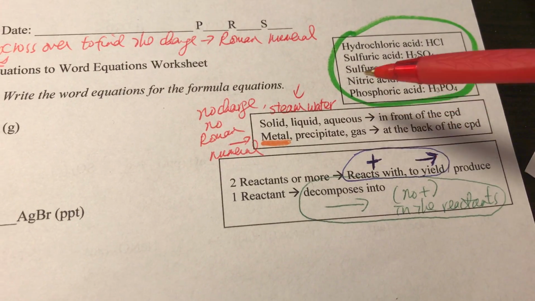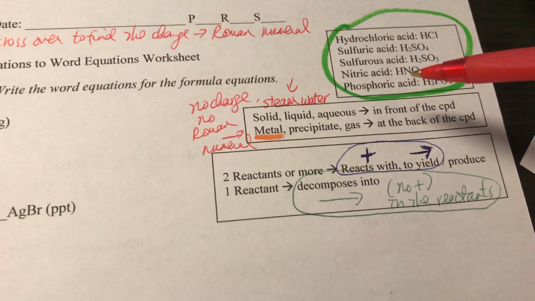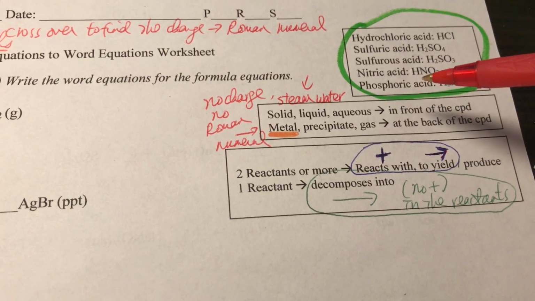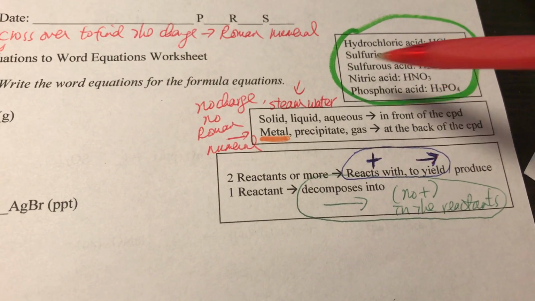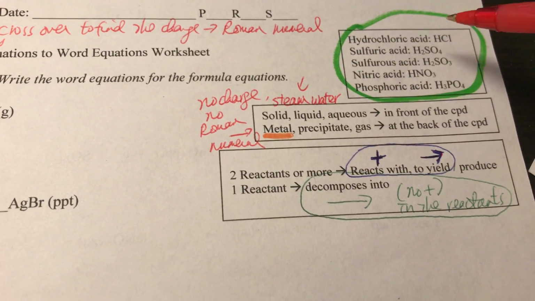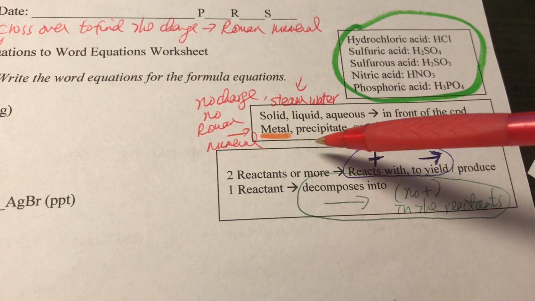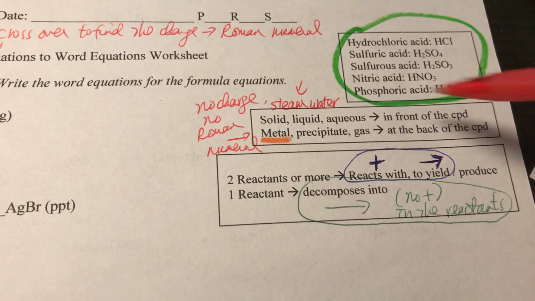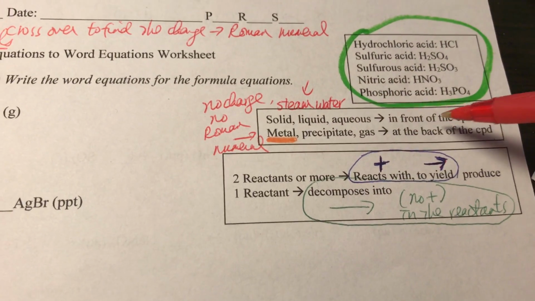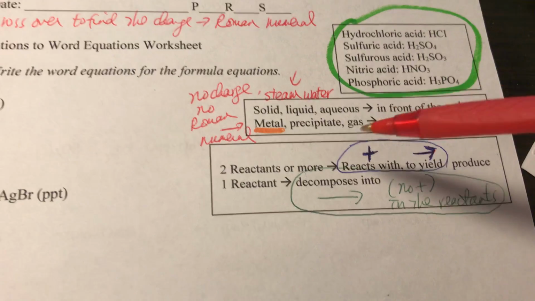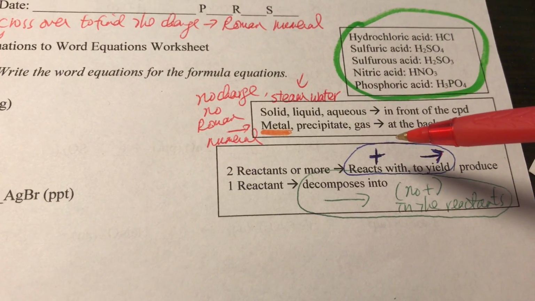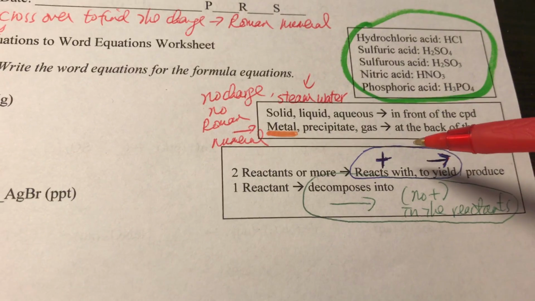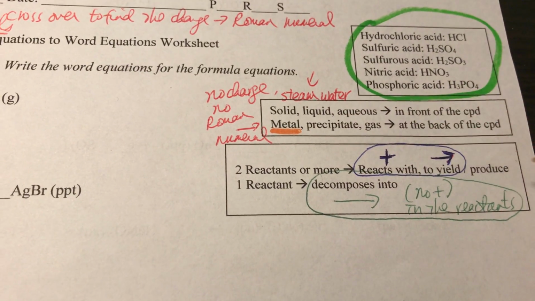For example, if I say NaCl(s), you have to say solid sodium chloride, liquid water, aqueous sodium nitrate. These three words must be in front of the compound. And when you're given metal, precipitate, or gas, these three words must be at the back of the compound. For example, iron metal, sodium carbonate precipitate, or hydrogen gas. So these three words must be at the end.